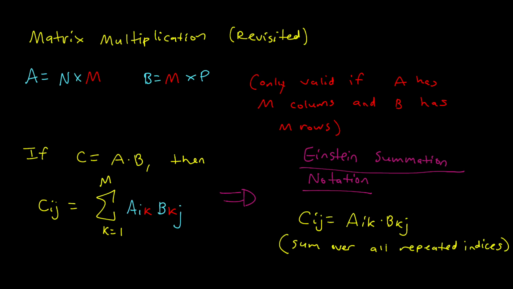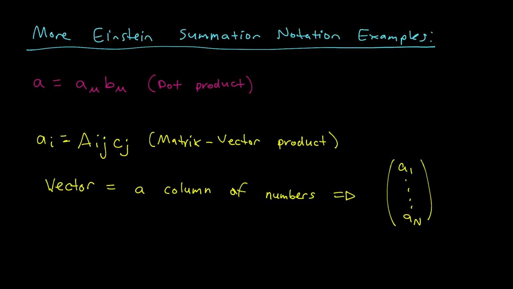A more convenient way to write the sum is Einstein summation notation. We could simply write C_ij equals A_ik times B_kj. With Einstein summation notation, it is implied that all repeated indices are summed over all of their possible values, and the i and j from A and B carry over to the i and j in C. Here we will use more examples of Einstein summation notation.